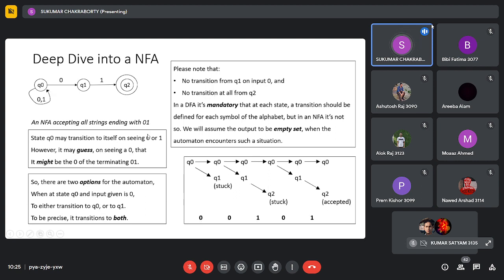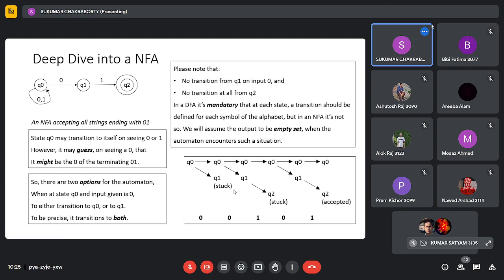You can see that it is either Q0 or Q1, both. Now you are feeding another 0. What happens? At Q1, on 0, it is stuck. So this branch of the tree ends here.